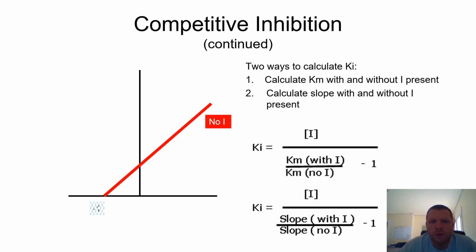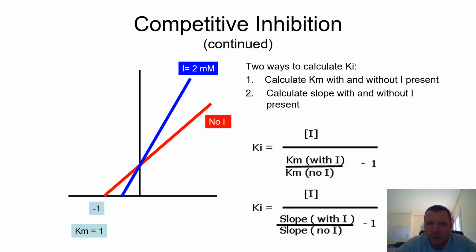First, I'm going to show you example data with no inhibitor present. Our Km for that enzyme-substrate combination is 1. Now, whenever you have an inhibitor present, displayed by our blue line with an inhibitor concentration of 2 millimolar, our Km apparent is 2. So we can use all of this information to calculate our Ki.